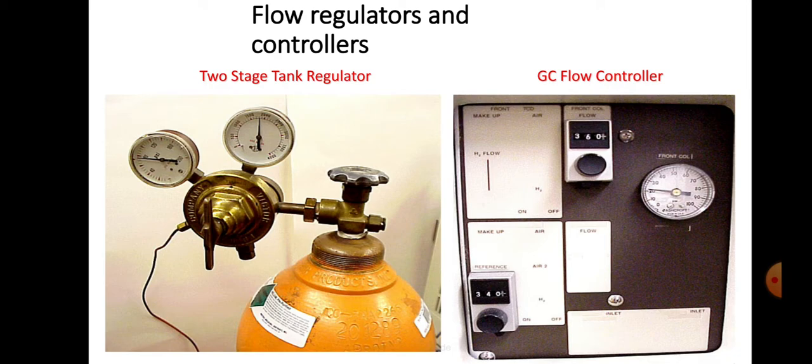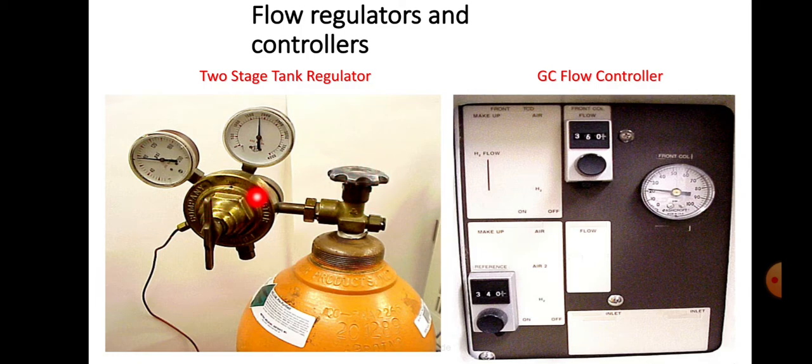Now in this particular diagram, I have shown you how exactly the carrier gas looks in a cylinder. So this is a pressurized tank similar to our LPG gas, but they are higher in length, and here we have a rotating knob, so we can release the pressure from here.